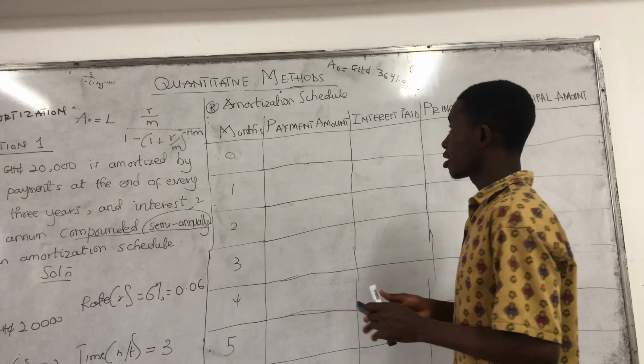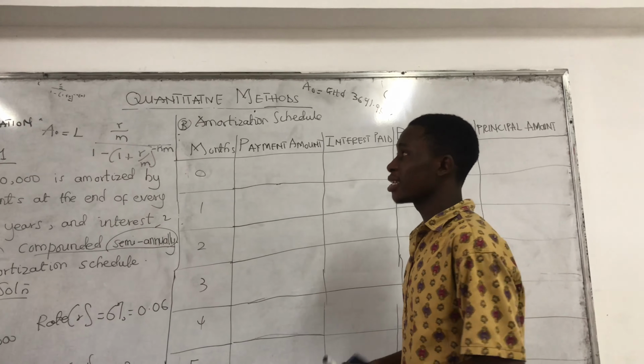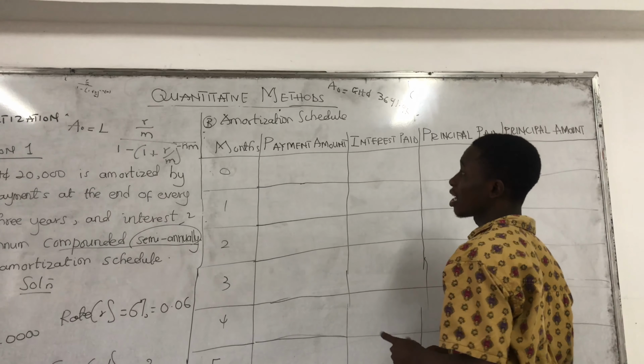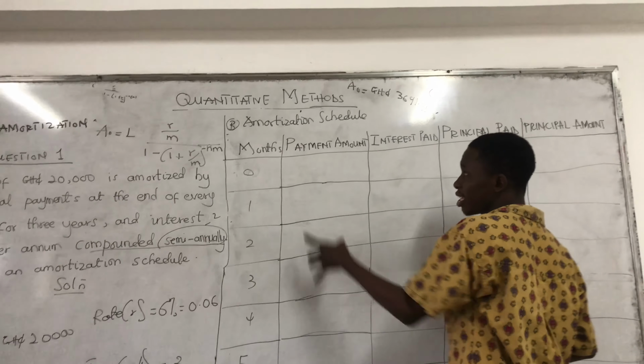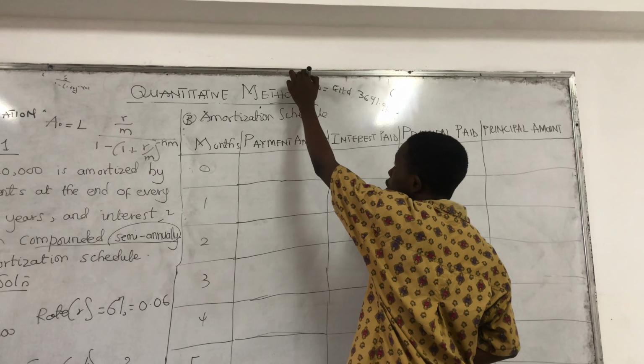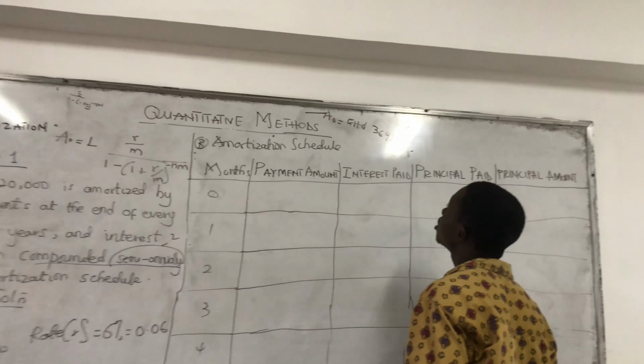So what we do is, when we calculated the amortization, we had A0 as 3691.95. Where you see the payment amount, the payment amount was what we calculated as the amortization, 3691.95.